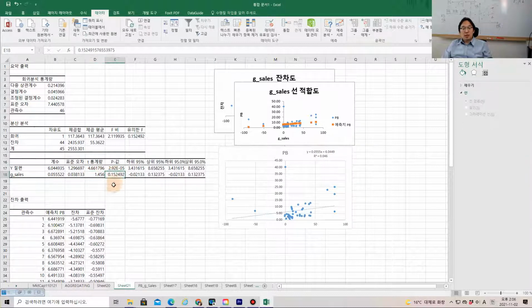T statistic insignificant. Bad. For this purpose, I would have to drop those extreme observations. But these are the regression results. So this coefficient is insignificant, and I'm concerned about that.